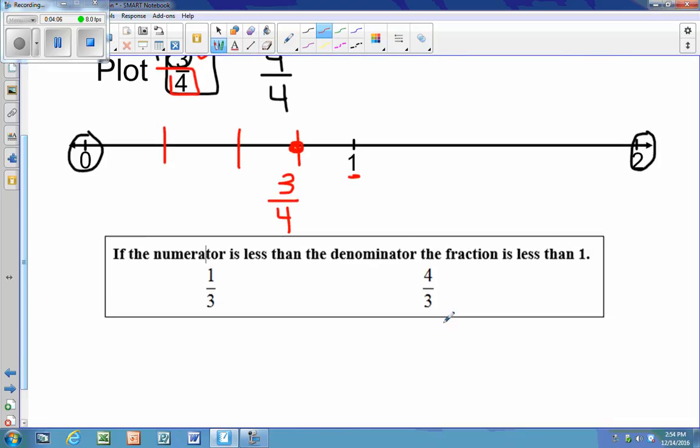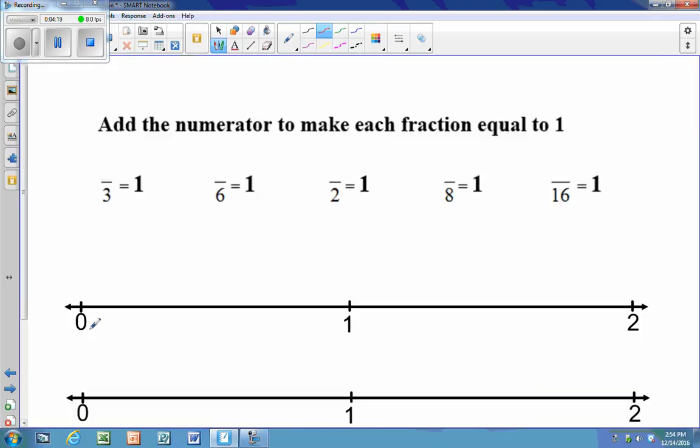If the numerator is less than the denominator, the fraction is less than 1. In this case, this is bigger than the denominator, so it is not less than 1. If I want to make all of these equal to 1, I always need the same numerator as denominator, and that's how I make a number equal to 1.